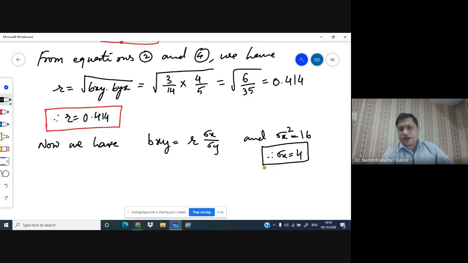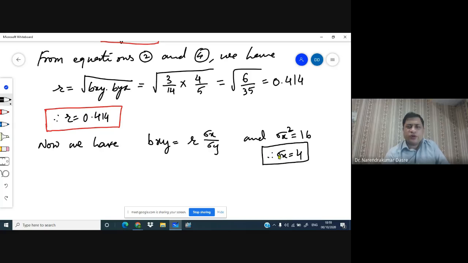Remember, sigma is always positive. By definition, variance is always positive, and the positive square root of variance is called the standard deviation. It gives the spread of the distribution, so it is always positive.